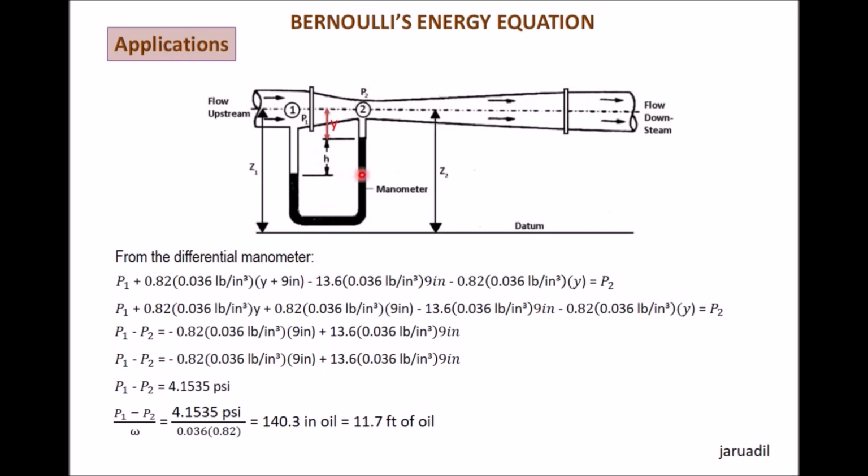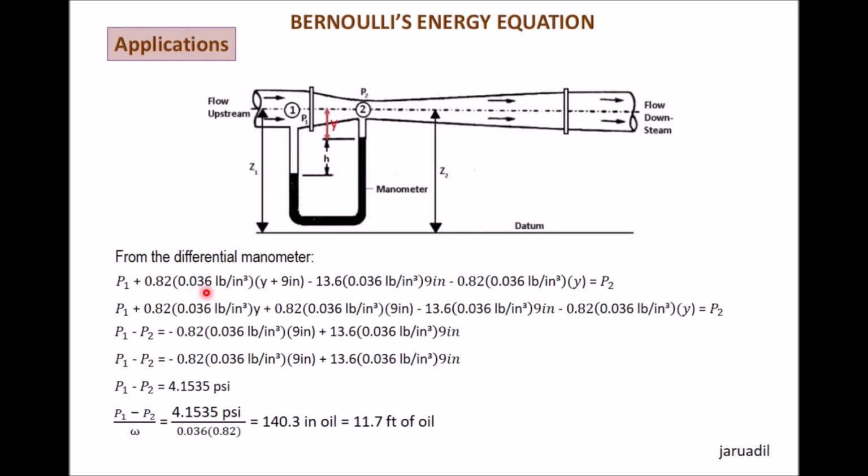The liquid inside the manometer from this point to this point is mercury, that's why we have 13.6. You multiply it by the specific weight of water again, because all the heads we are getting here are in terms of water, so we convert the heads to water.